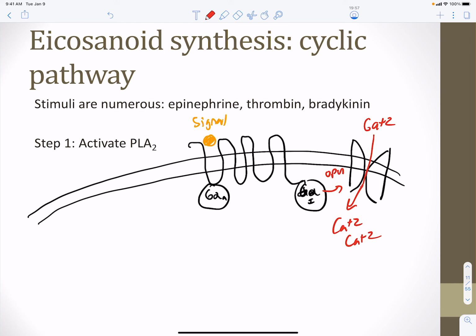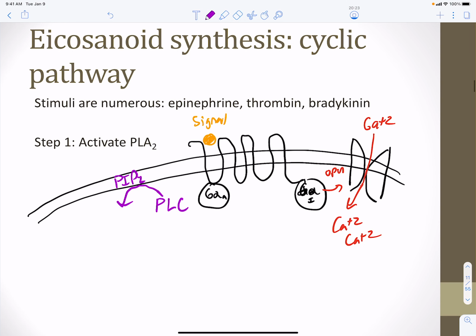Okay, and then our G alpha can also activate, let's do a different color, phospholipase C. So we can get phospholipase C, and then we have PIP. Phospholipase C can interact with PIP, and you get DAG plus IP3.